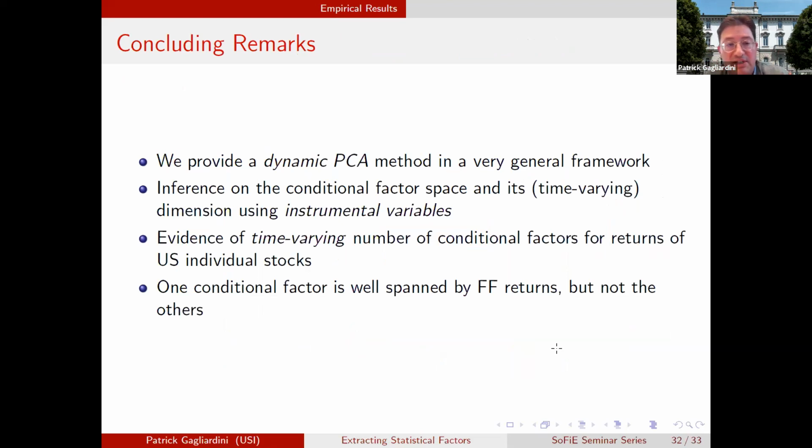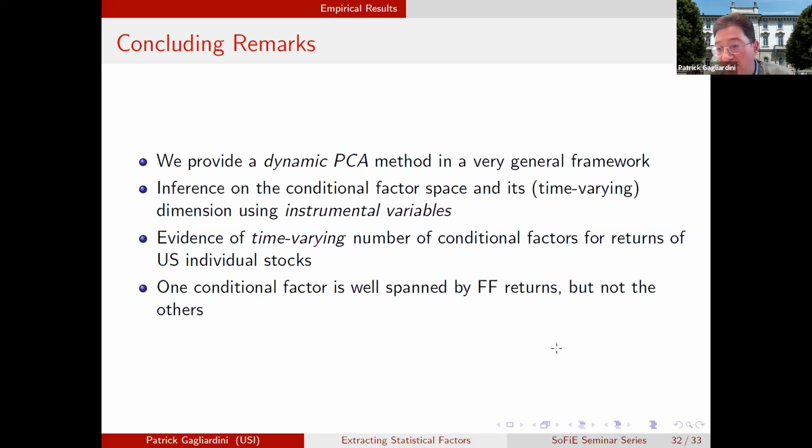Basically, to summarize, in this paper, we provide one possible dynamic version of the principal component method to extract latent factors from a high dimensional panel with conditioning information. And we take advantage of instrumental variables, and we allow for a high dimensional set of conditioning variables driving the time variations of the betas and the mispricing.